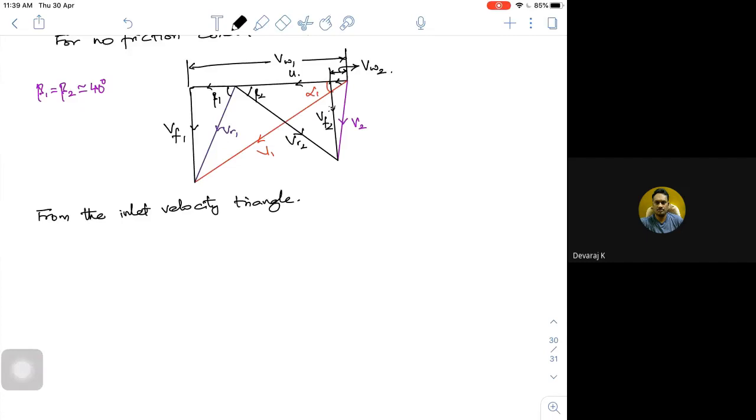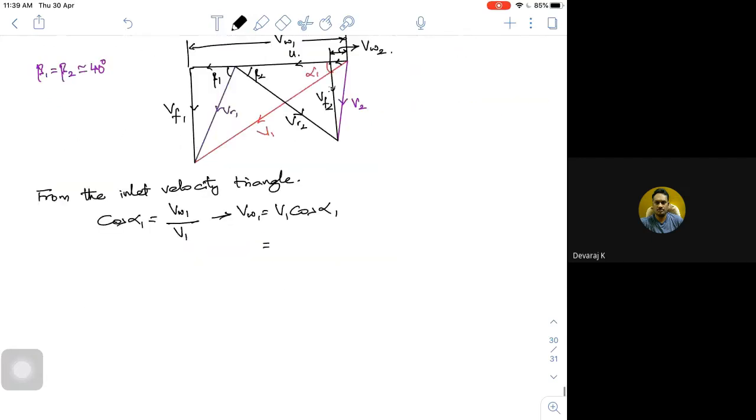If you go by cos alpha 1 is equal to VW1 divided by V1, or I can write VW1 is equal to V1 cos alpha 1. That is, your V1 is 876 into cos 20. So that will give my VW1.